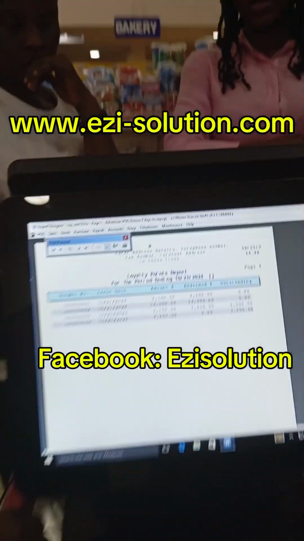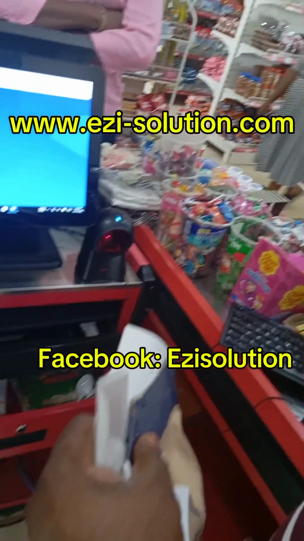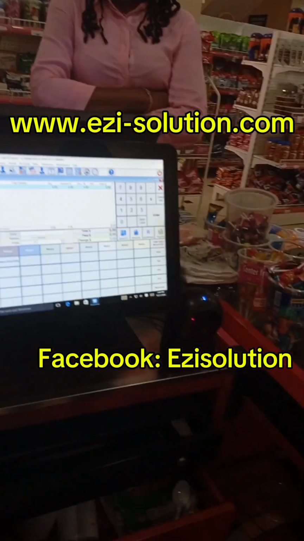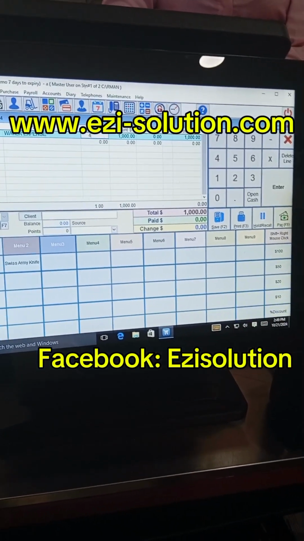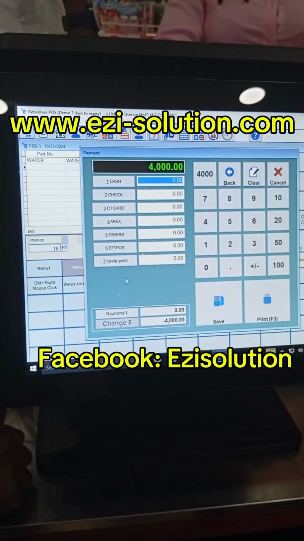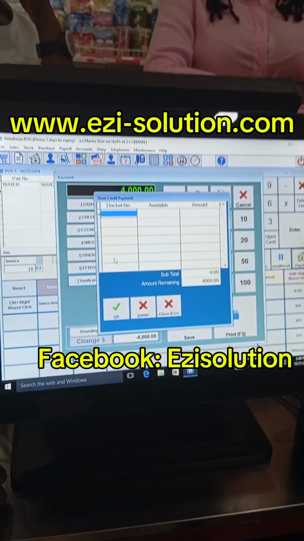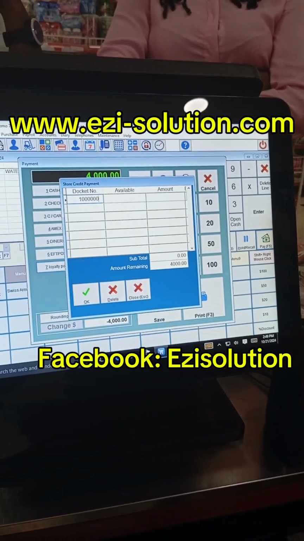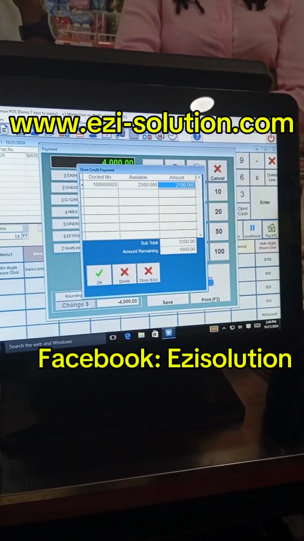You understand? Now the customer comes in, they want to buy something today. Remember, it's the same customer. The customer is buying something of 4,000, and the customer wants to pay. Then he wants to use the loyalty point. Remember, the customer has two loyalty points. Then you have the first one, which is 2,001 here.